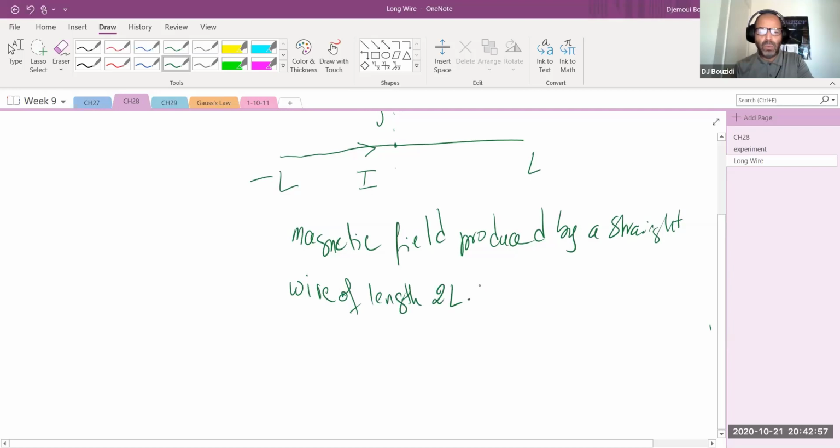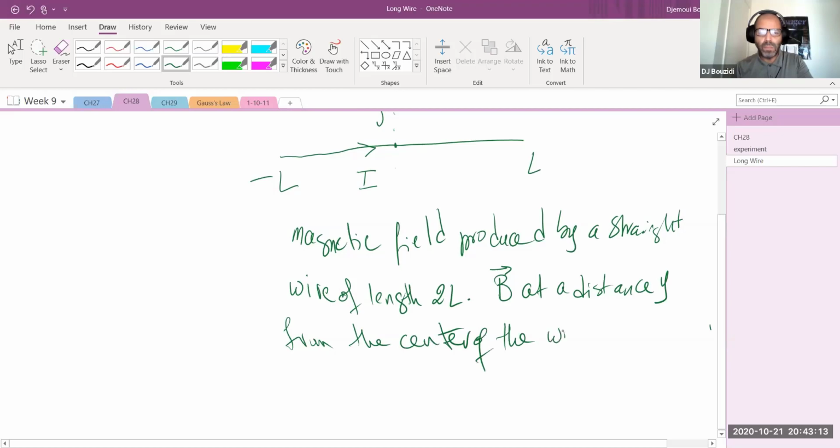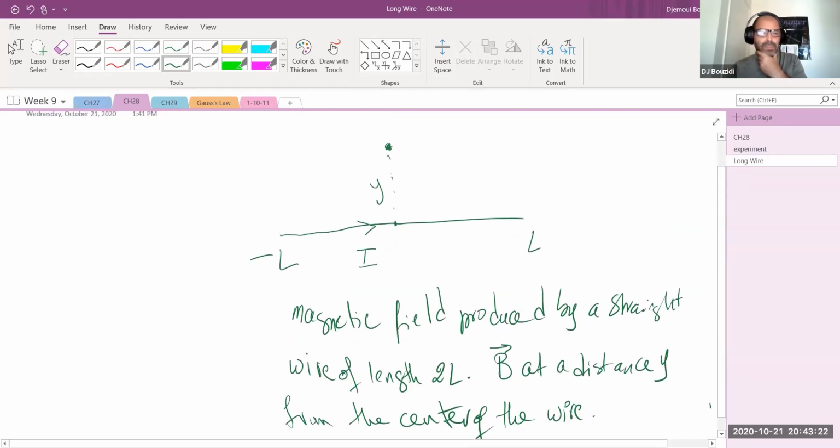And we want to find B, the magnetic field, at a distance y from the center of the wire. That's the question we want to answer. We're trying to find that expression. So we want to find B there.